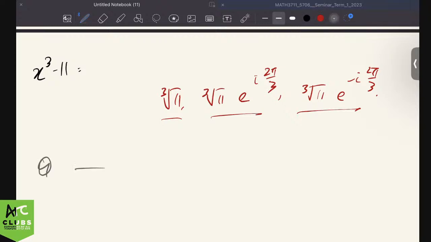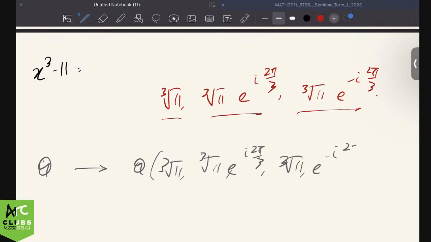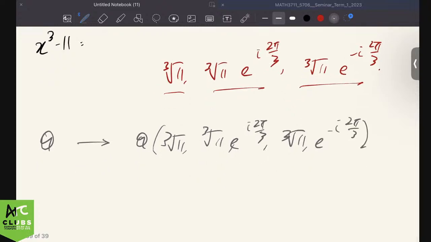So you want to basically go from Q to Q with these 3 roots. So let's construct a tower of extensions. First of all, let's extend it to the simplest one, so cube root of 11.